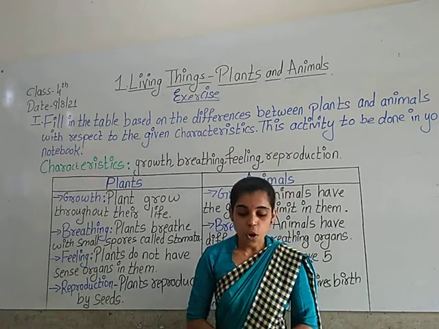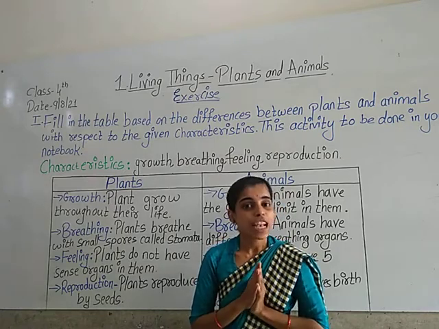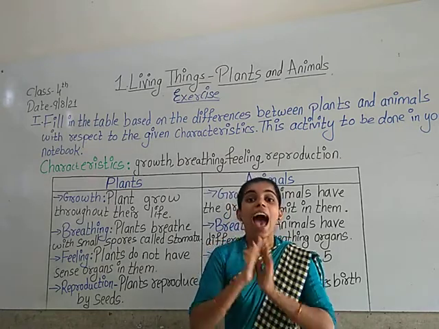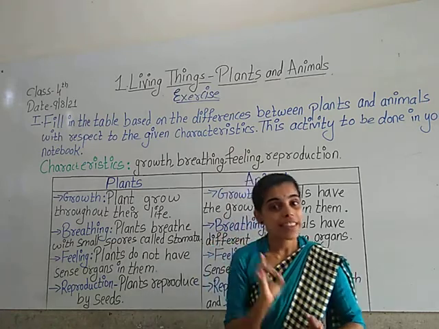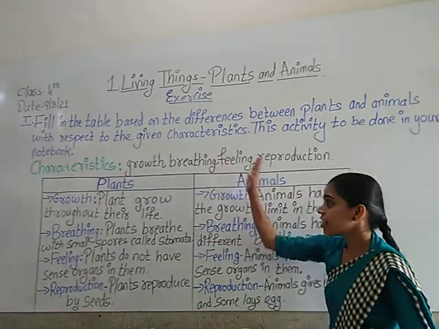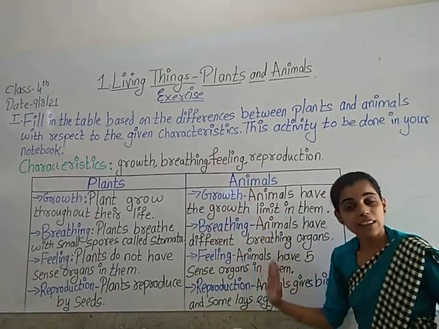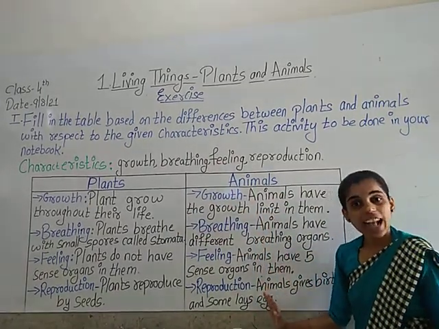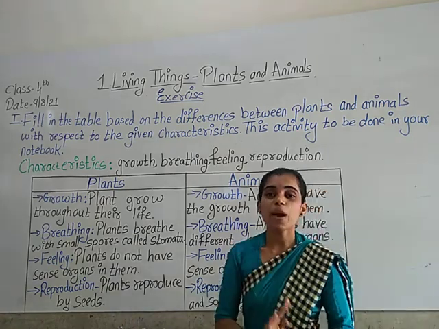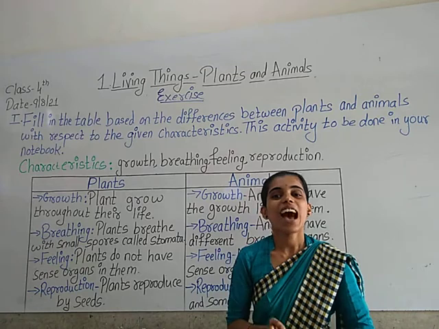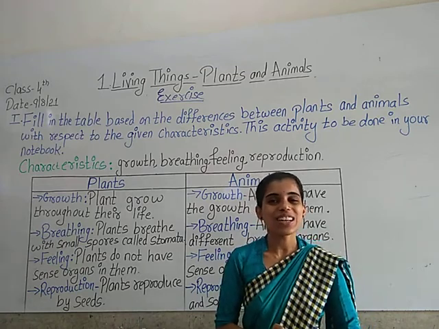Open your EVS textbook, page number 170. We solved the first part of the exercise, and I had written the difference on the board. You have to read and write it 2 times in your EVS notebook. And now it is time to end our session here.